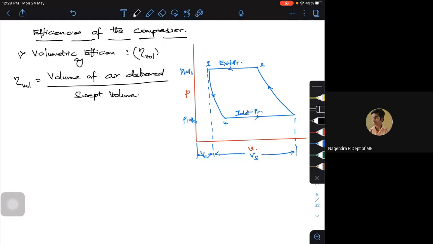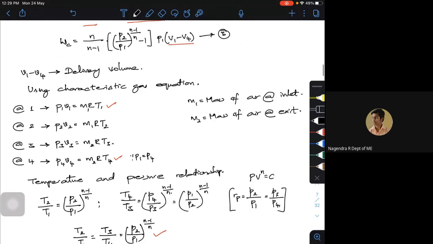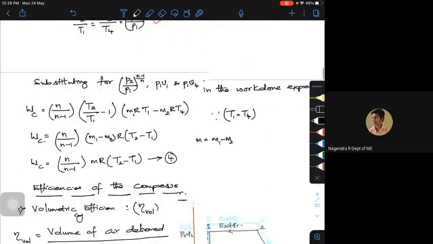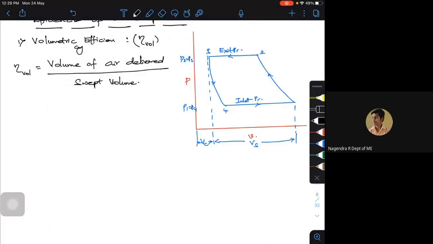Now what is the amount of air delivered here? Already we have seen what is the amount of air delivered: V1 minus V4. Look at this delivery volume, V1 minus V4. Volume of air delivered is equal to V1 minus V4.